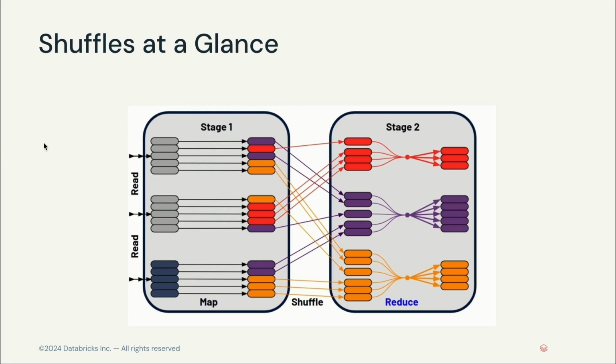Then we have the reduce, and we end up with our outputted data, which needs to be written to some data frame or a table, whatever it might be. So we have stage one and stage two that completes, and in between we have the shuffle. This is a result of data being assigned based on that map occurring in stage one, and then being reorganized so that it can be pushed through the reducer function.